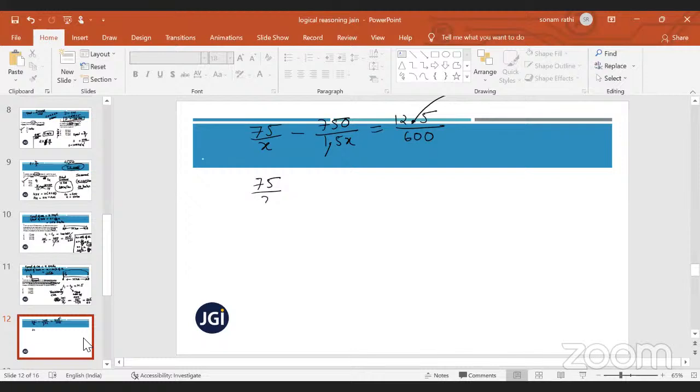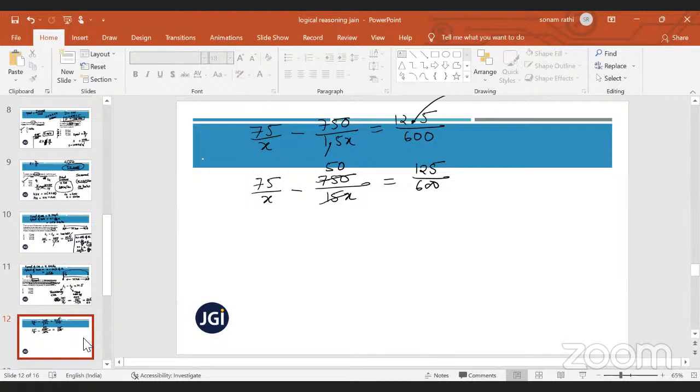So 75 upon x minus 750 upon 15x is equal to 125 upon 600. Divide 750 by 15. 50.